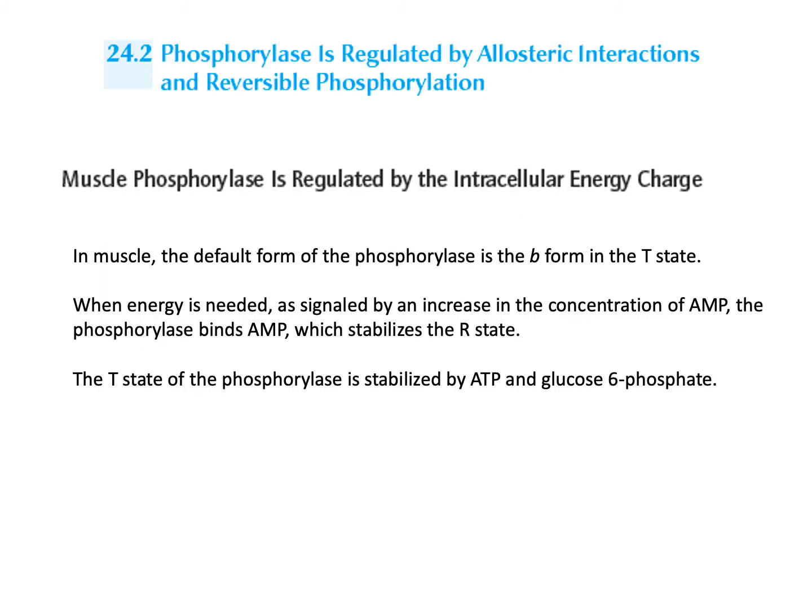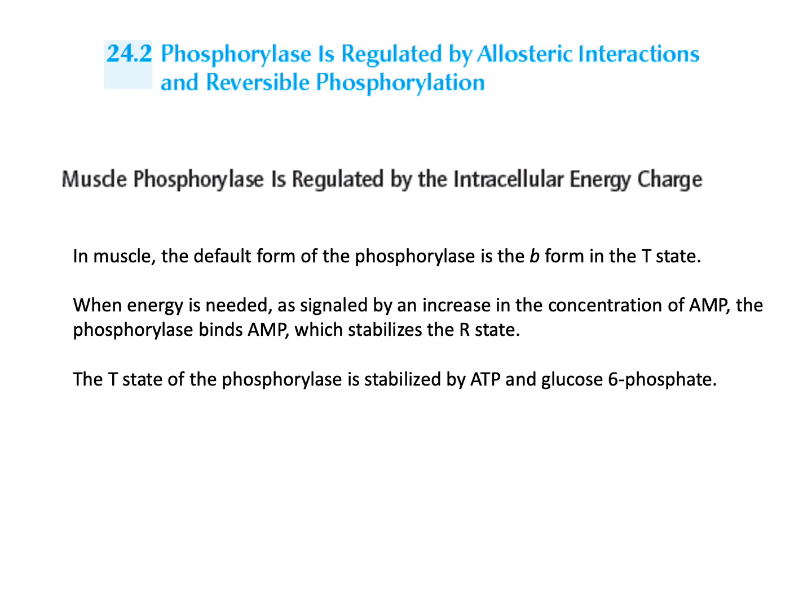In muscle, the phosphorylase is regulated by the intracellular energy charge. In the liver, we learned that the phosphorylase is regulated by the glucose level, and the muscle is regulated by the ATP level and AMP level. In muscle, the default form of the phosphorylase is the B form in the T state.